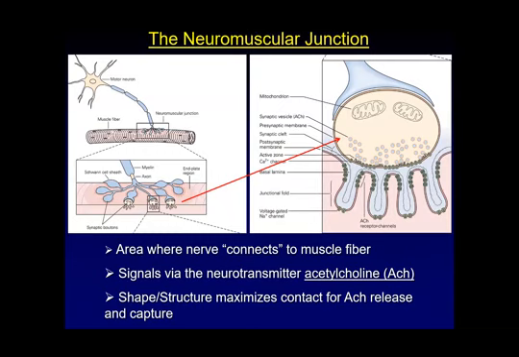When you look at the structures on the nerve side, one axon comes down and then it splits, and multiple little motor end plate pieces come off and form multiple junctions.